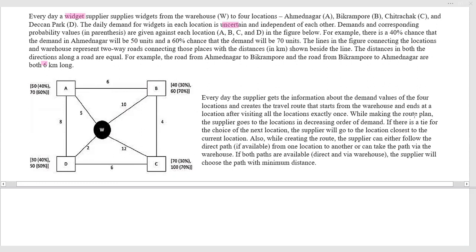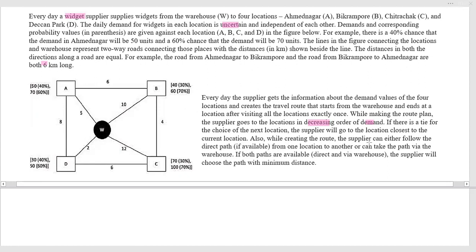And in making the route plan, the supplier goes to the locations in decreasing order of demand. If there is a tie for the choice of the next location, the supplier will go to the location closest to the current location. This way the decision would be taken. That means decreasing order and distance. These are the two things that would be considered.